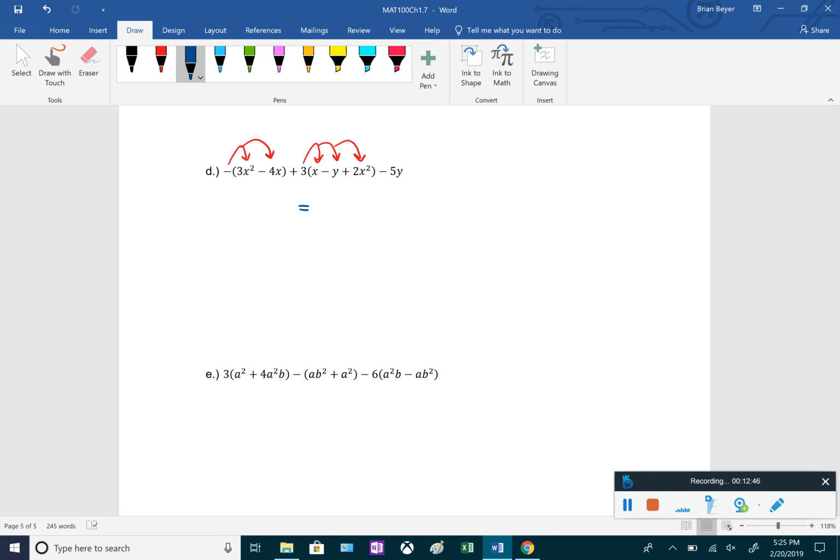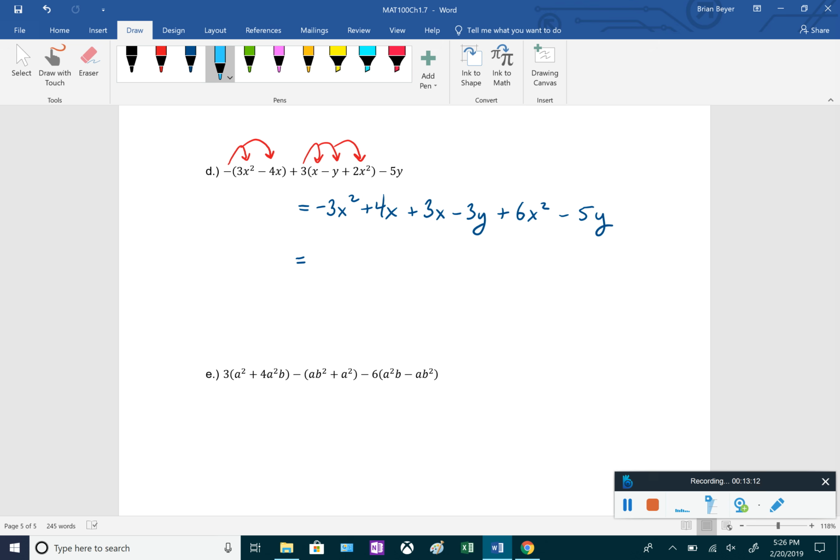So distributing the negative 1 is just going to negate everything. So it's going to be negative 3x squared plus 4x. Next, distributing the 3, we're going to get plus 3x minus 3y plus 6x squared. And then minus that 5y all the way at the end.